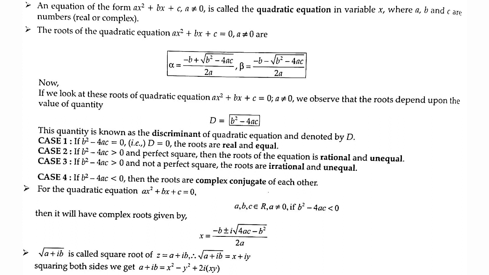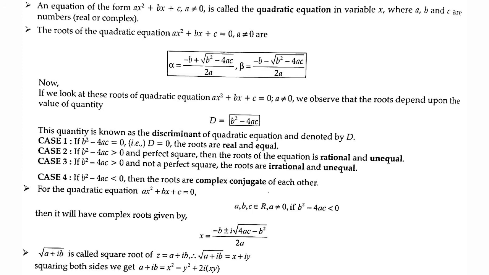In the first case, if b square minus 4ac is equal to 0, the roots are real and equal. Second case, if b square minus 4ac is greater than 0 and a perfect square, then the roots of the equation are rational and unequal.